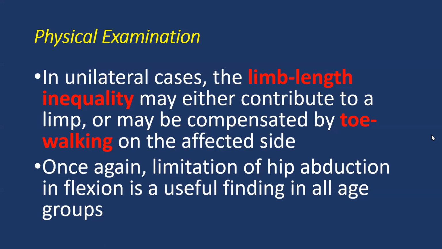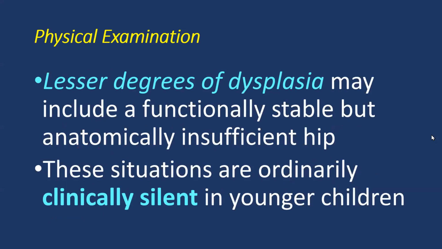Once again, limitation of hip abduction inflection is a useful finding in all age groups. This is what I told you about. They will have limitation of abduction. Why? Because the hip is posteriorly displaced, and when you abduct the hips, all the muscles are contracted. Therefore, you'll have limitation of abduction.